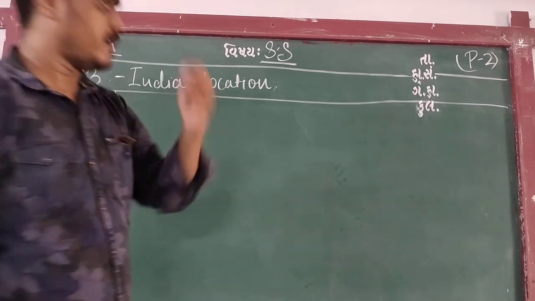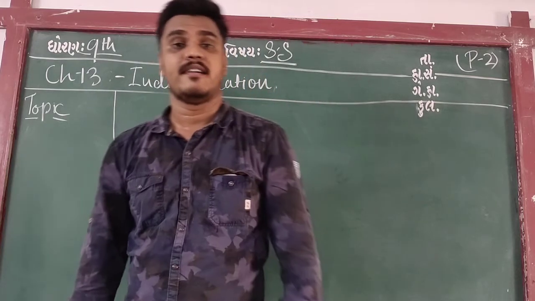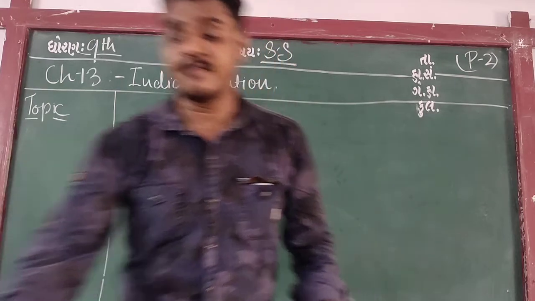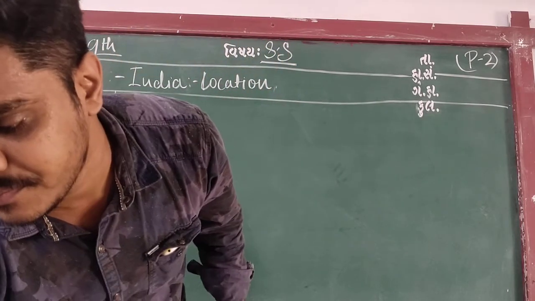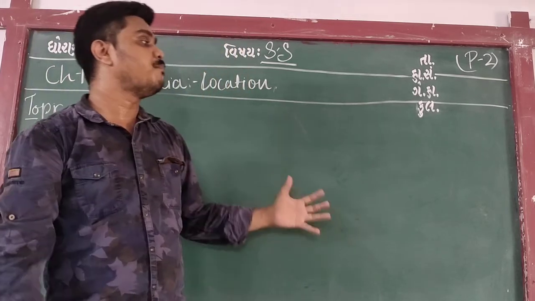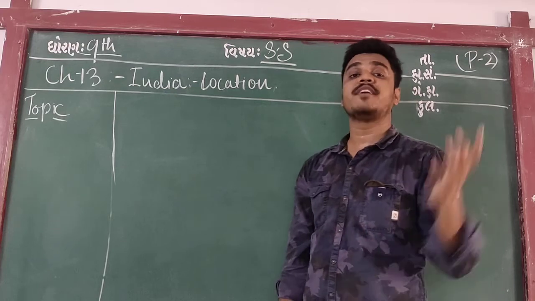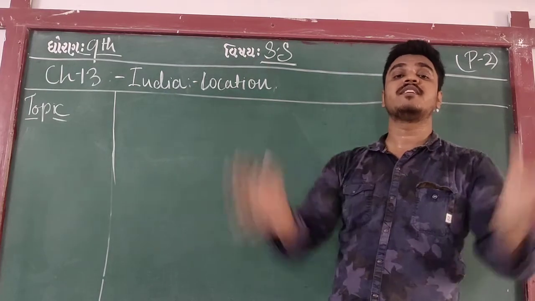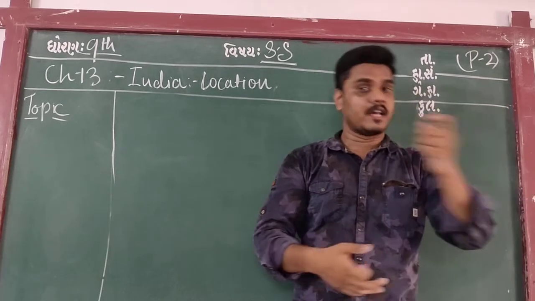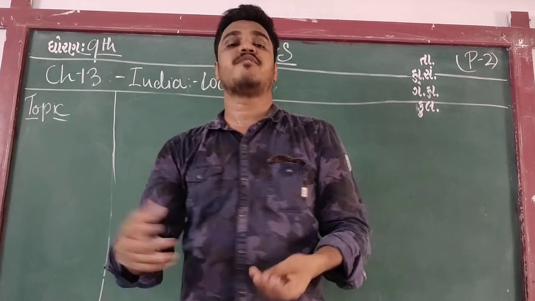And in comparison of population and area, we discussed which position India holds, and the importance and advantage of India being surrounded by three oceans: the Bay of Bengal, the Indian Ocean, and the Arabian Sea. From these oceans India gets advantage.